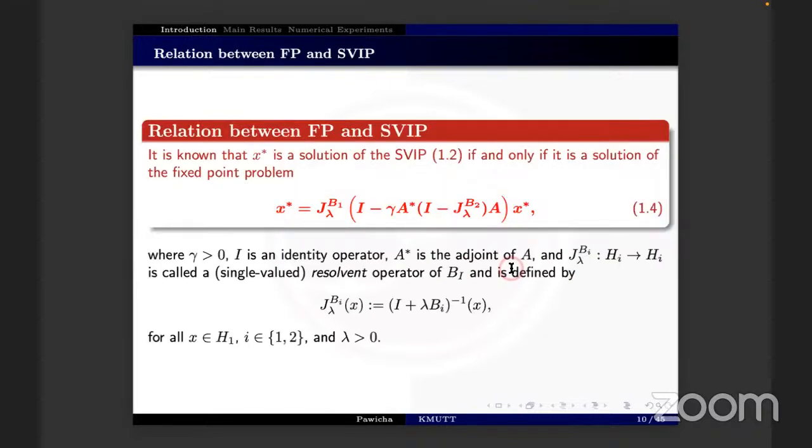The split variational inclusion problem can be written as a fixed point problem like this, where J lambda B1 and J lambda B2 are called the resolvent operators of B1 and B2, defined like this.